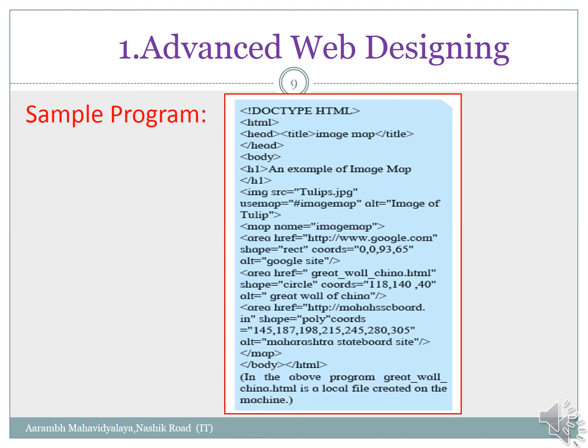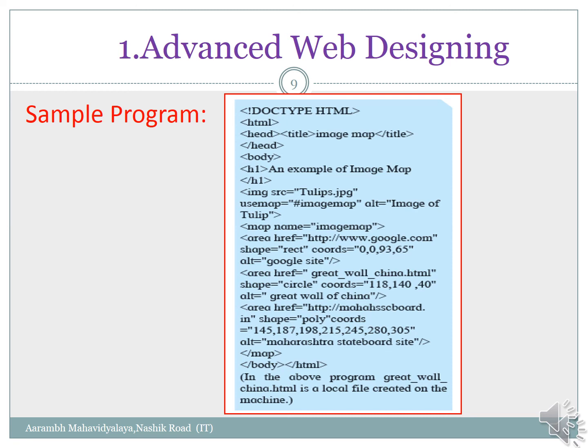Similarly, for the circle I have taken the coordinates, again given href and alternate name. And similarly for the polygon I have provided eight coordinates. Here we can use any URL or our local computer file also. Then end everything with end of map, end of body and end of HTML.